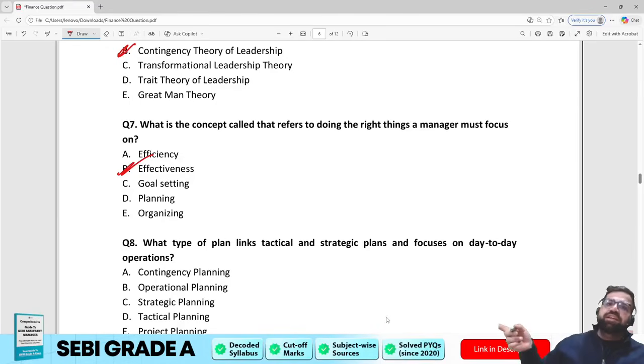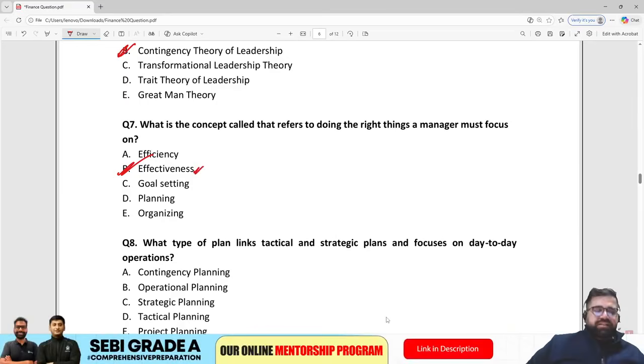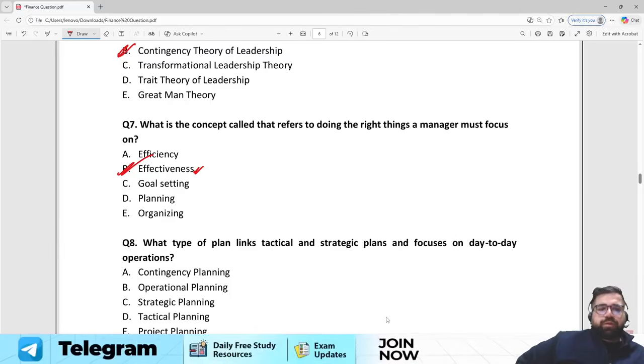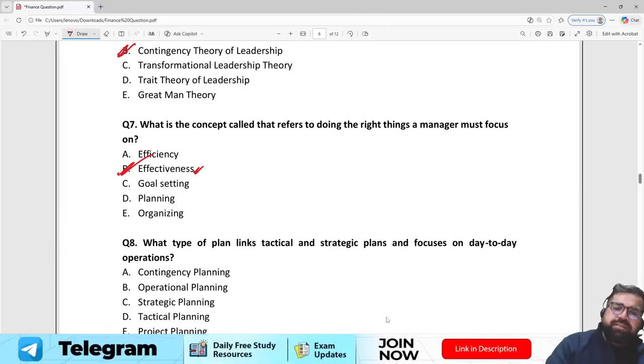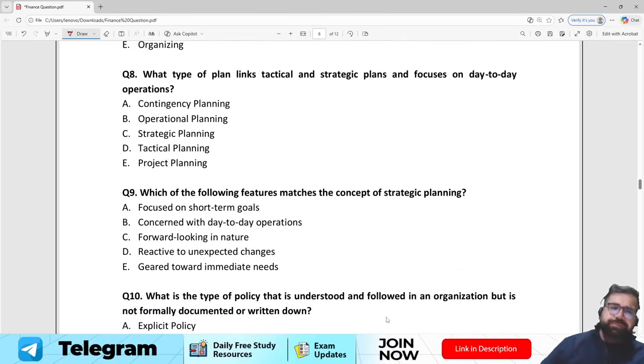So the correct answer will be option number B, which is effectiveness, for question number 7. Right? I hope you would have also got it correct. So till question number 7 of management, everything looks easy to me. Nothing confusing as for now because everything is coming directly from the concepts.